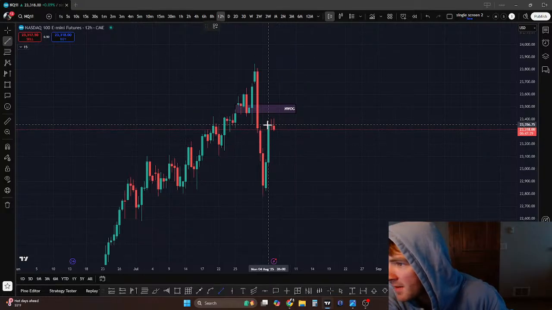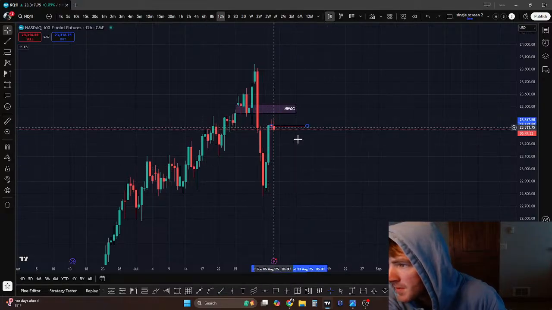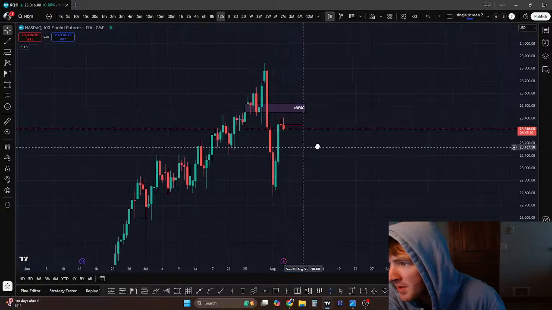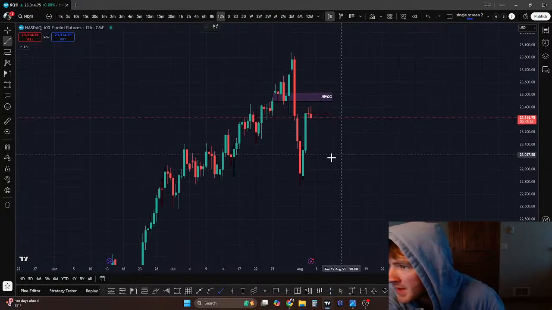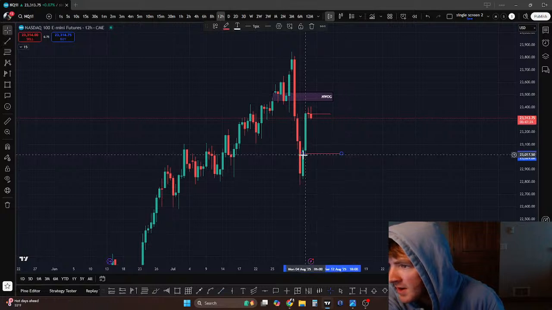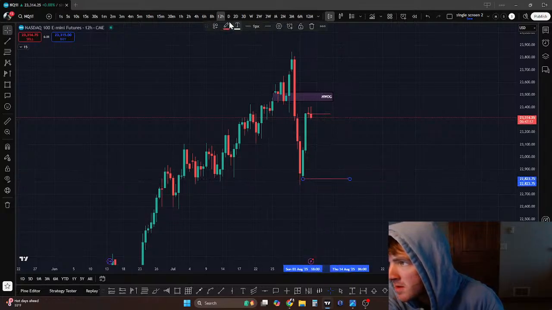Here's that manipulation close. So this is kind of like our Genesis model that we just made. So we take the close of the manipulation and target the CRT low. And to be honest, you could even say maybe this is the CRT low, right?